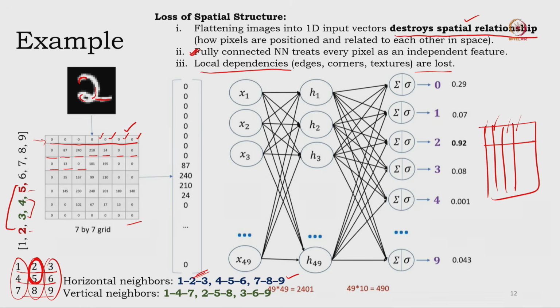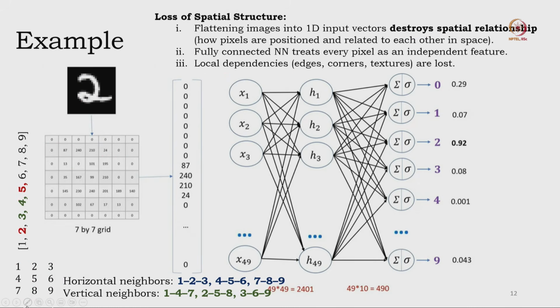Similarly, when you take 3 and 4, they are neighbors in the single vector. But when you look at the matrix, let me erase this so that it will be clear, there is no relationship between 3 and 4. 3 is a horizontal neighbor at the end of one row and 4 is a horizontal neighbor for the next one.